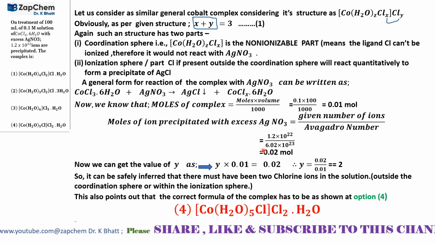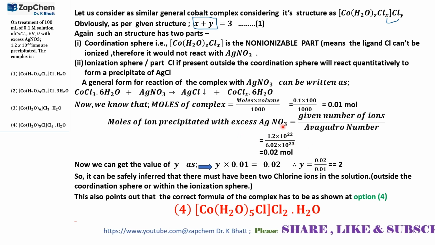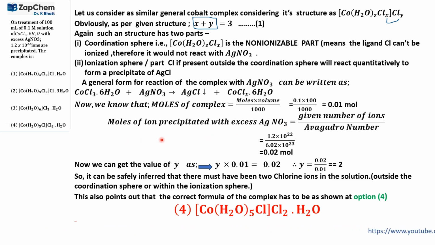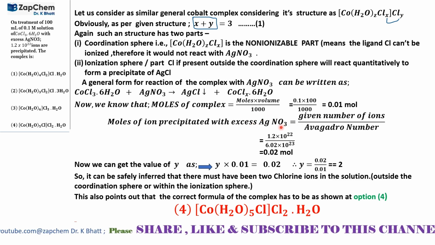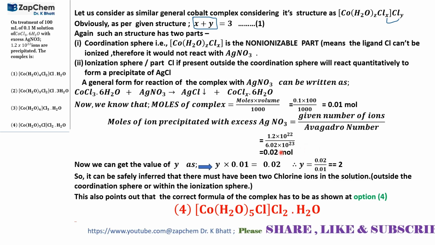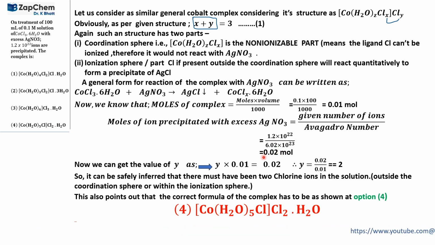Therefore, we can calculate the number of moles of the ions precipitated with silver nitrate, chloride ions of course. So here silver nitrate is the reagent which precipitates chloride ions. And we need to calculate the number of moles of the chloride ion which are precipitated. Just divide by Avogadro's number, and you finally get 0.02 moles.